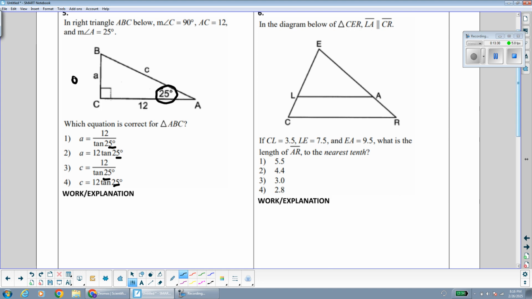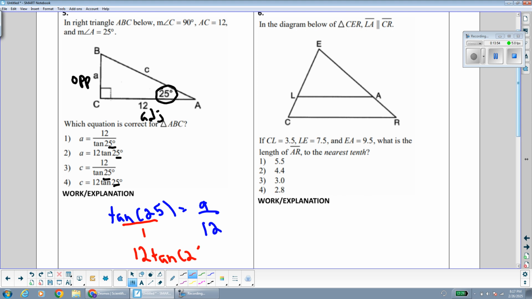So we have opposite, adjacent. So tangent of the 25-degree angle is A, that's opposite, over 12, that's adjacent. If I cross multiply, it's 12 tangent 25 equals A, and that's answer choice number 2.